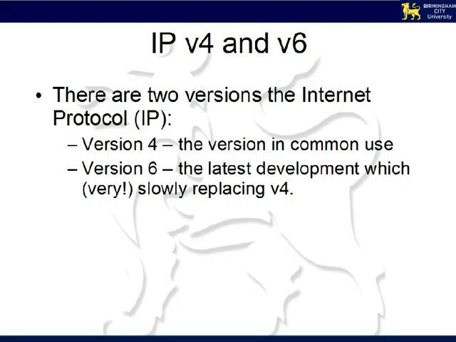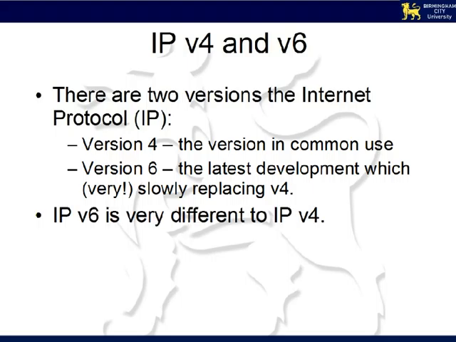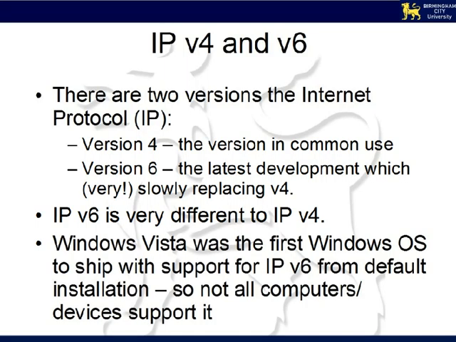However, although IP version 6 has a number of major advantages, it's not replacing IP version 4 at a very rapid rate. Some of the reasons for this are the fact that IP version 6 is very different to IP version 4. Support for IP version 6 is not universal. Windows Vista was the first version of Windows to ship with support for IP version 6.